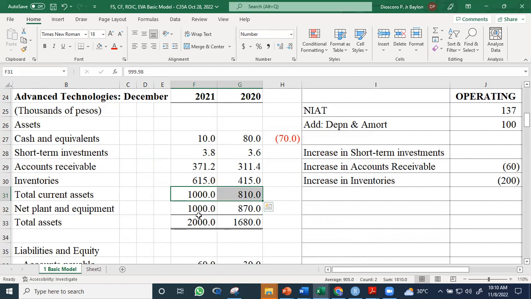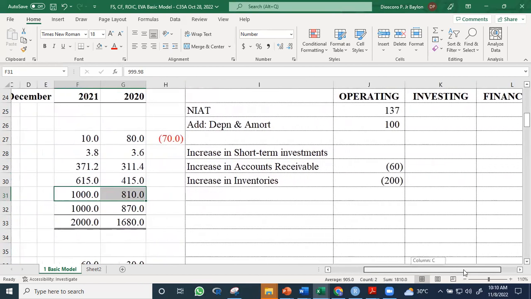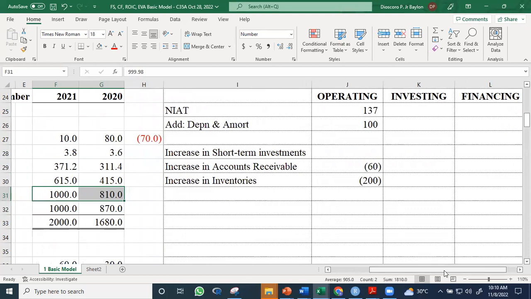Net plant and equipment: operating, investing, or financing? And source of cash or use of cash? So give me two letters, please: O, I, or F, and S or U. I'll wait for your answers, guys.